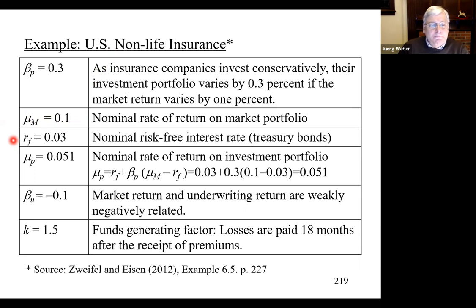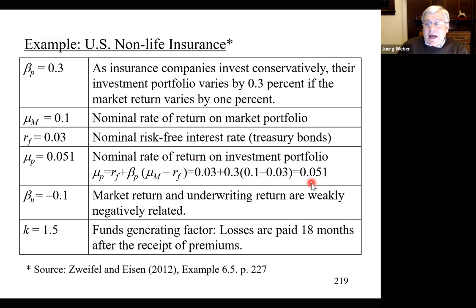Again, it's American data. And with this information, you can now calculate what the return on the investment portfolio of the insurance company should be. Just plug it in into the equation for the capital asset pricing model applied to the investment portfolio of the insurance company. So here we have RF is 3%, then the beta is 0.3, and then the market return is 10%, and then here we have again the risk-free interest rate.